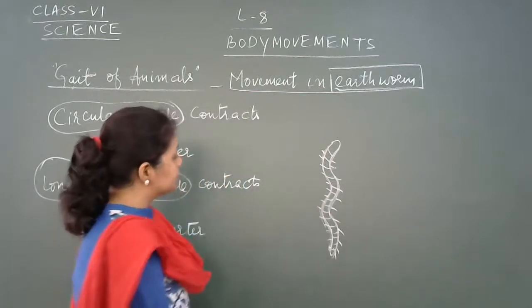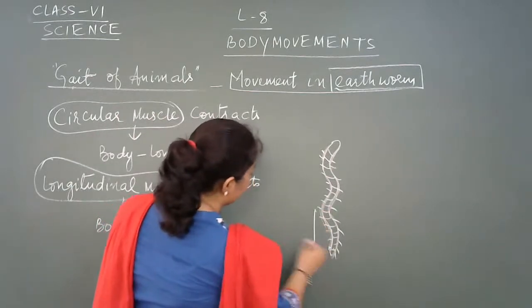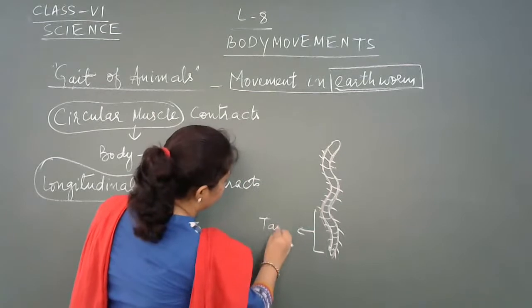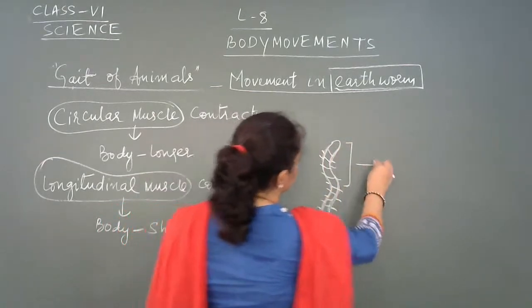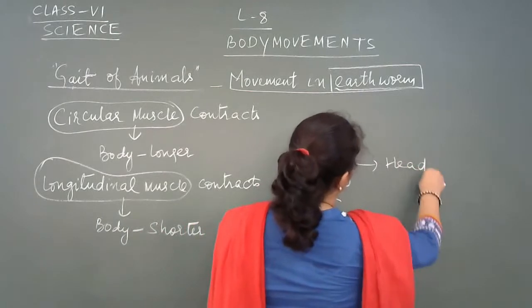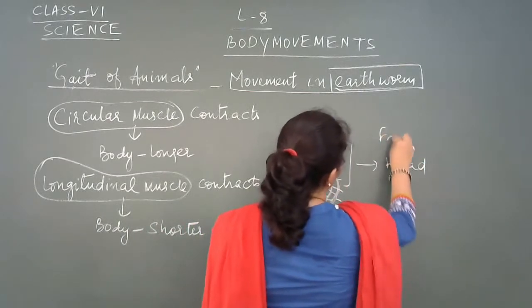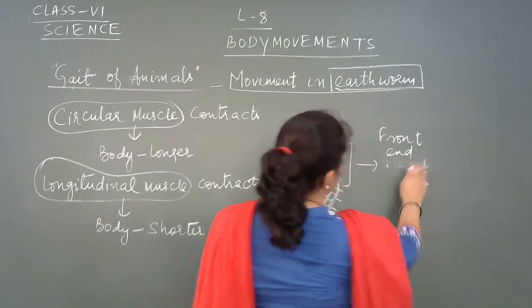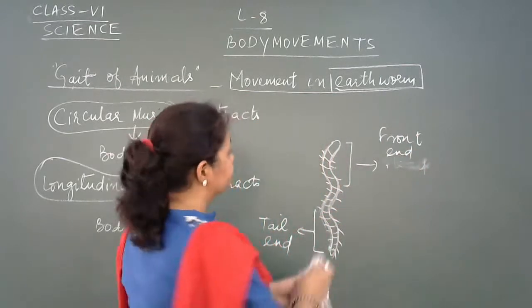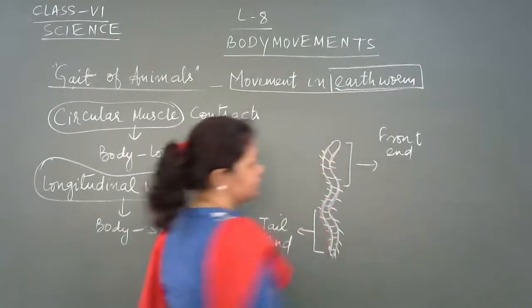Then what happens? So this is say we call it as the tail end, right? And this we are calling it as the head end, or that we call it as the front end. This is called front end, right? Okay.